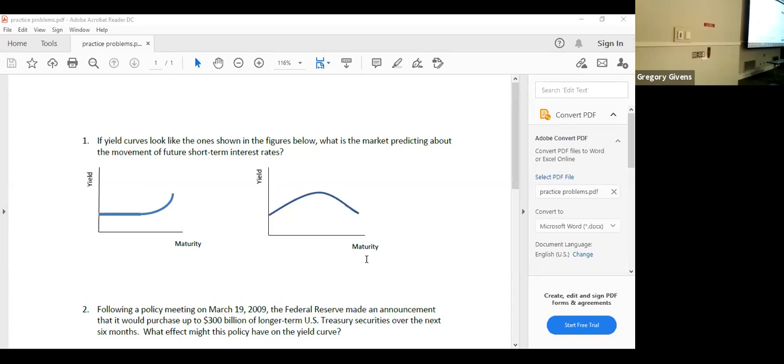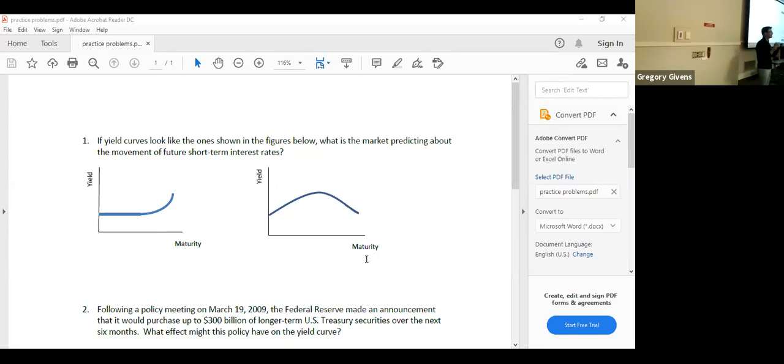But maybe investors thought that some financial or economic event was very likely to occur 5 to 10 years down the road that would cause interest rates to fall substantially. Then perhaps the yield curve might have this inverted slope at maturities higher than somewhere in the middle of the yield curve. You guys kind of getting the point of that?